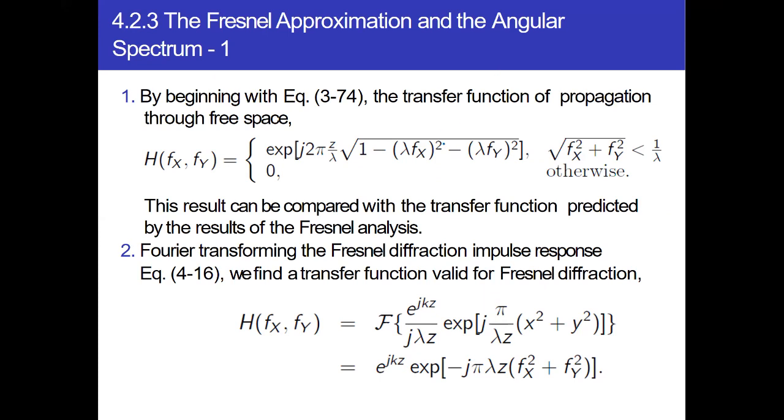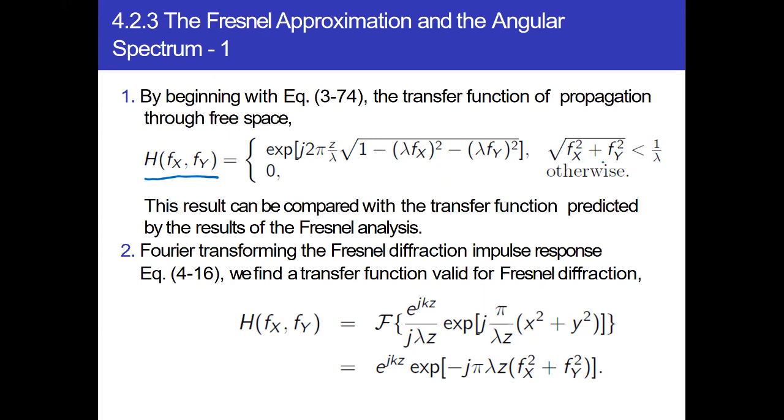But anyhow, according to the author, what he'd like to say is that in the angular spectrum method, the Fresnel approximation is nothing but defining the transfer function over diffraction as these two.